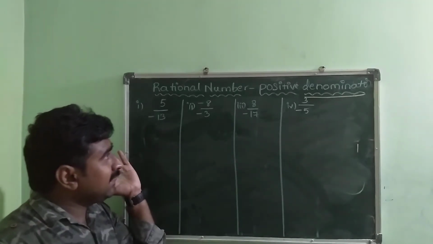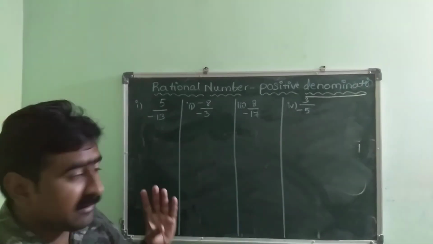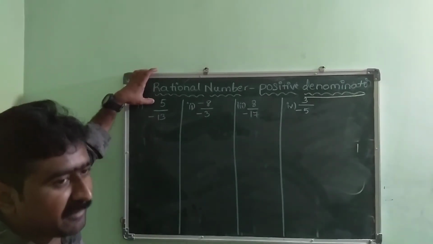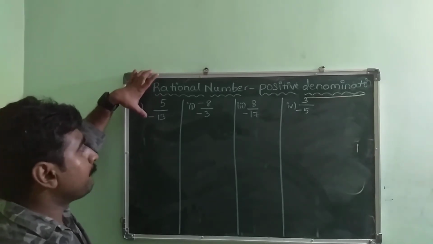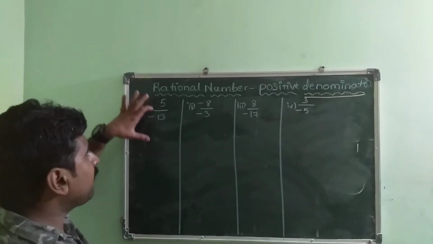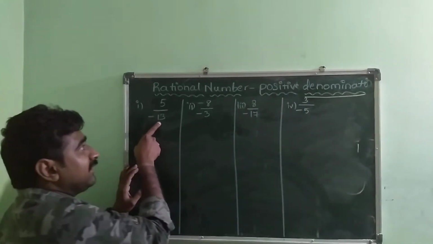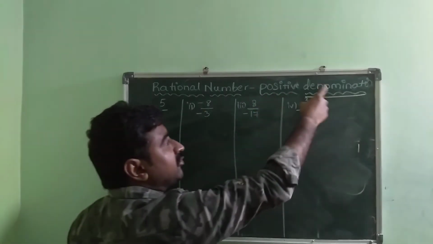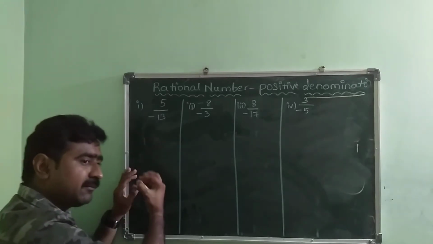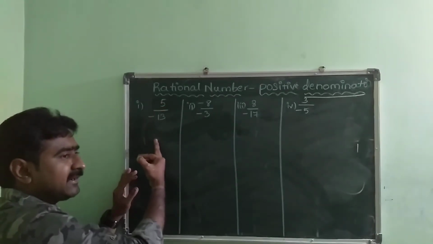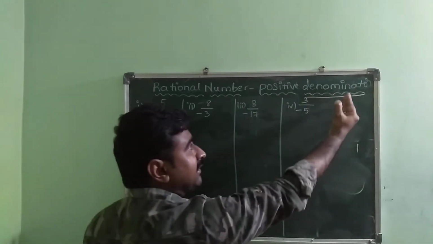Okay, so here four rational numbers were given. If you observe the first rational number, what is it? 5 by minus 13, correct or not? Our target is to convert that denominator into a positive denominator, but here the negative denominator is given. On the board, 5 by minus 13, in that 13 is negative, but our target is to make the denominator positive.